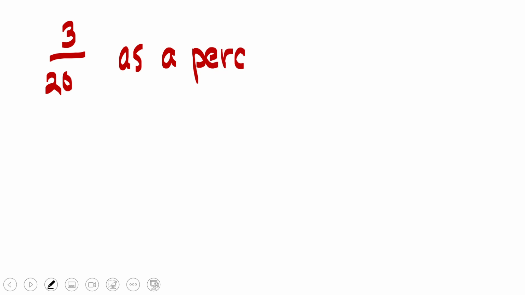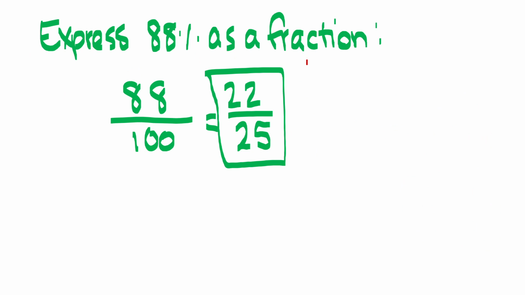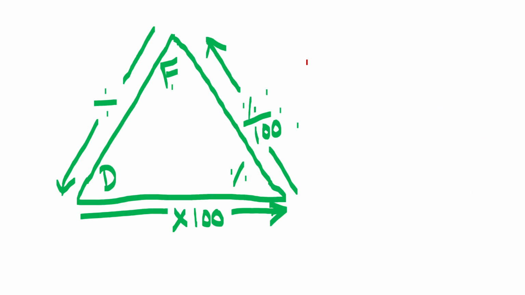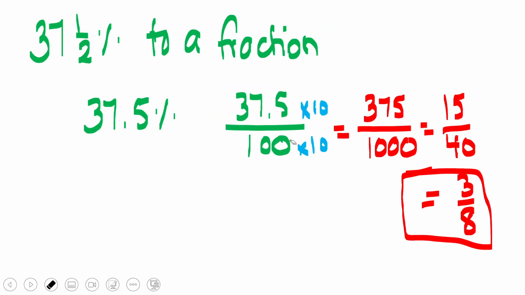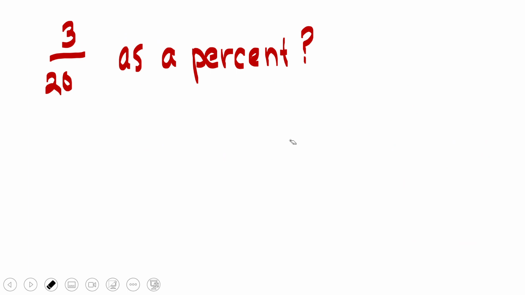Alright, now you're given a fraction. We want to express 3/20 as a percent. Go back to your flowchart. Well, a fraction to percentage, we need 100 on the bottom for that. Okay, so we're going to use the idea of the ratio as a number out of 100.